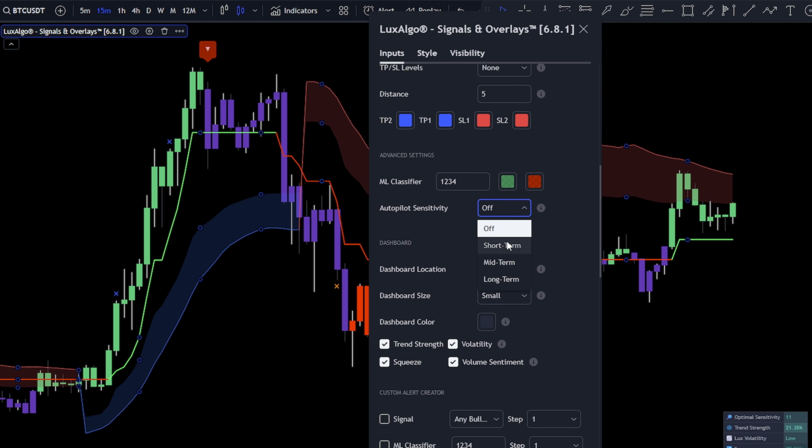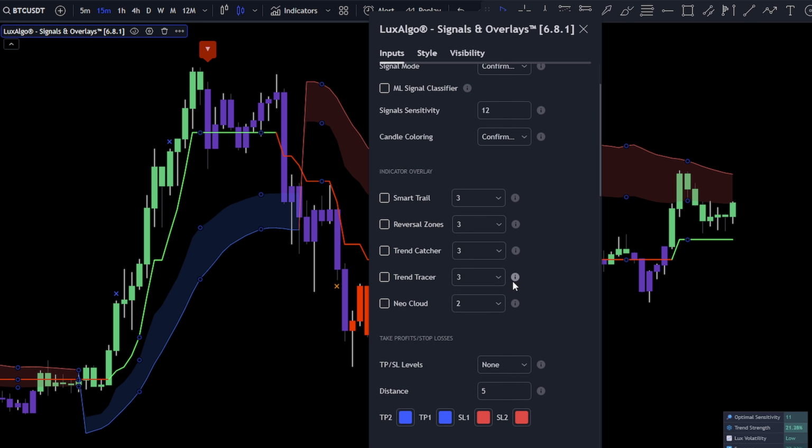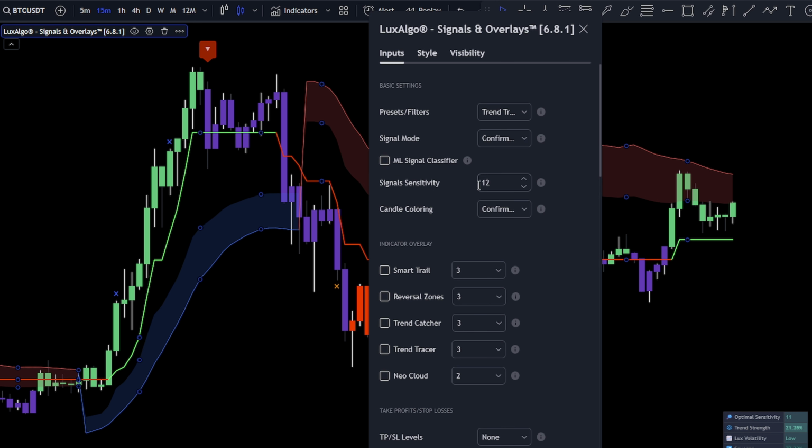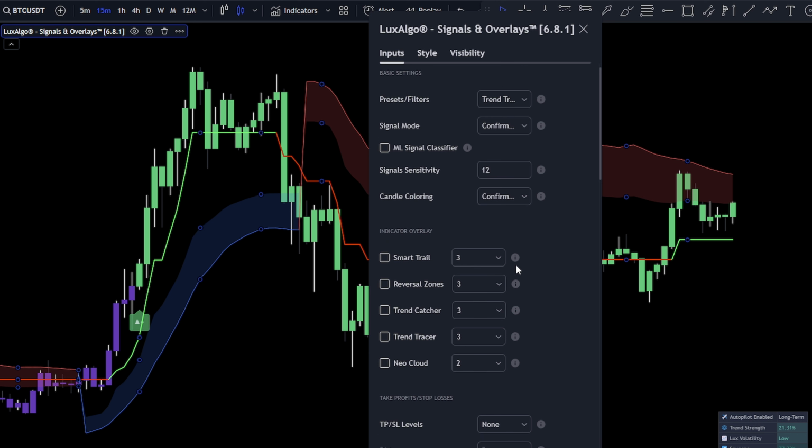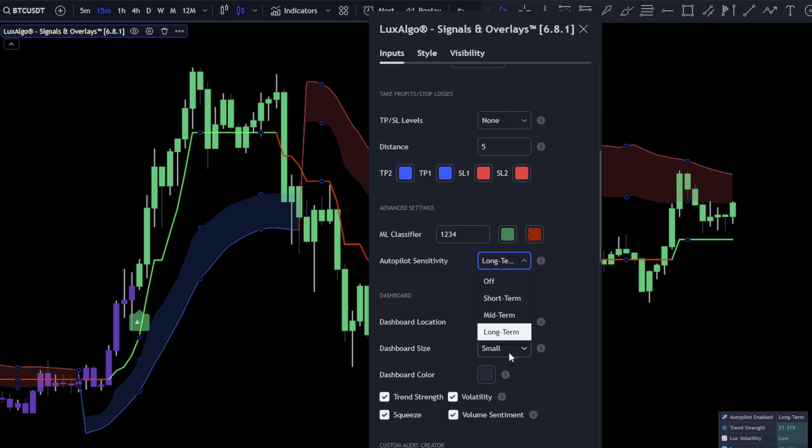For signal sensitivity, I recommend choosing either midterm or long-term autopilot sensitivity, depending on the asset, time frame, and the asset's volatility. Alternatively, you can select manual sensitivity and adjust the value based on the dashboard's suggested optimal sensitivity. Personally, I prefer long-term autopilot sensitivity as it best aligns with my trading style. Once you've set this up, click OK, and that's it.